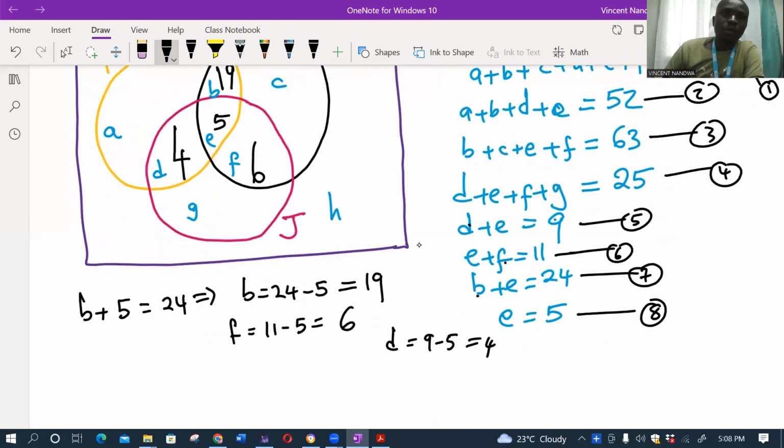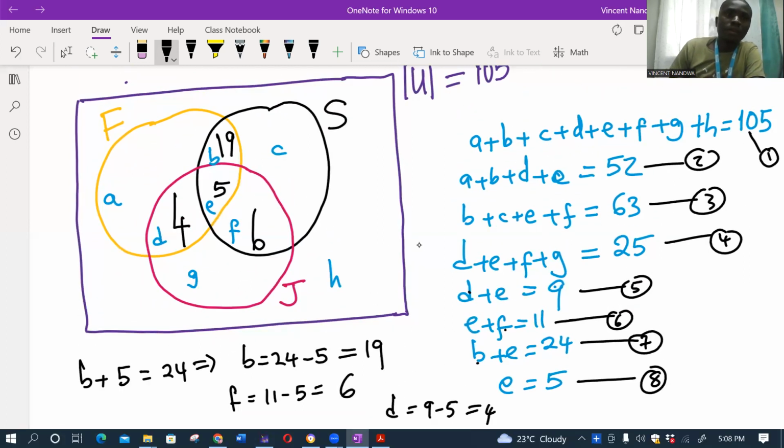Now, having D, E, and B, we can always get A using equation 2. Because equation 2 is A plus B plus D plus E, where there's B, we put 19, where there's D, we put 4, and where there's E, we put 5. So it means that A plus 19 plus 4 plus 5 is 52.